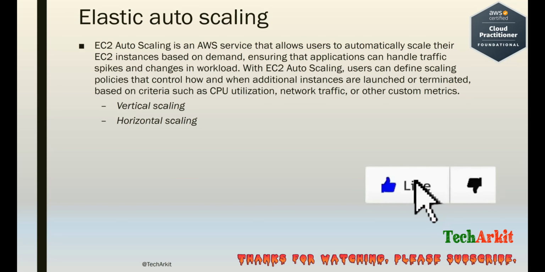Horizontal scaling is where you have one server and add parallel servers to the same resource group. For example, you have instance 1, you add instance 2, so you have 2 instances, you add one more instance, they become 3, you add one more, they become 4. So that's called horizontal scaling.